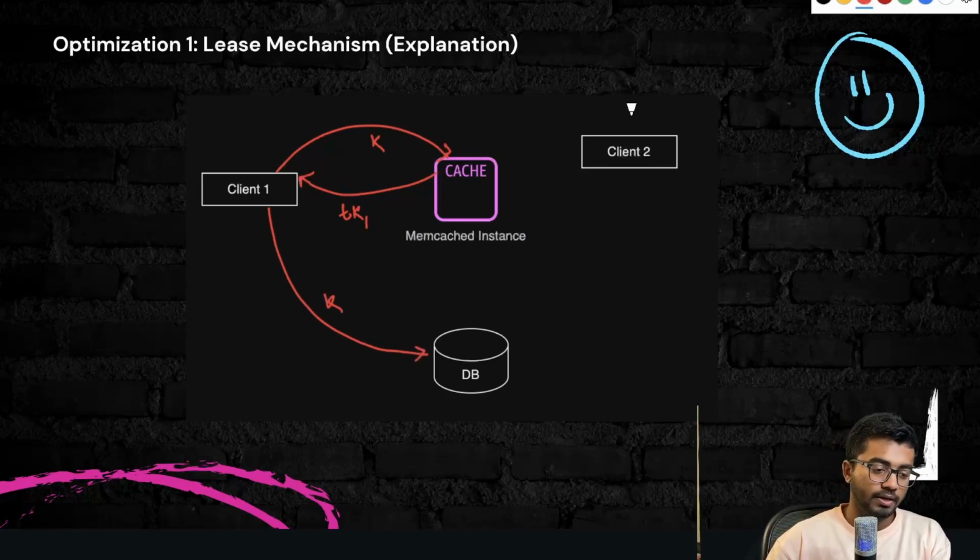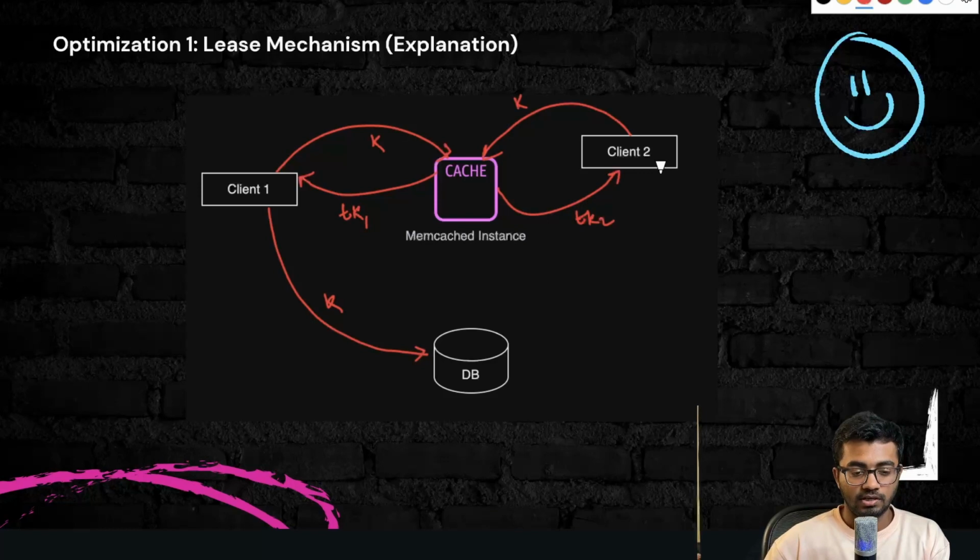Meanwhile, client 2 comes in and checks for the data k, and it'll face another cache miss. So it'll give back tk2 because it'll try to fetch it from the database. It will now go fetch the key k from the database and come back.